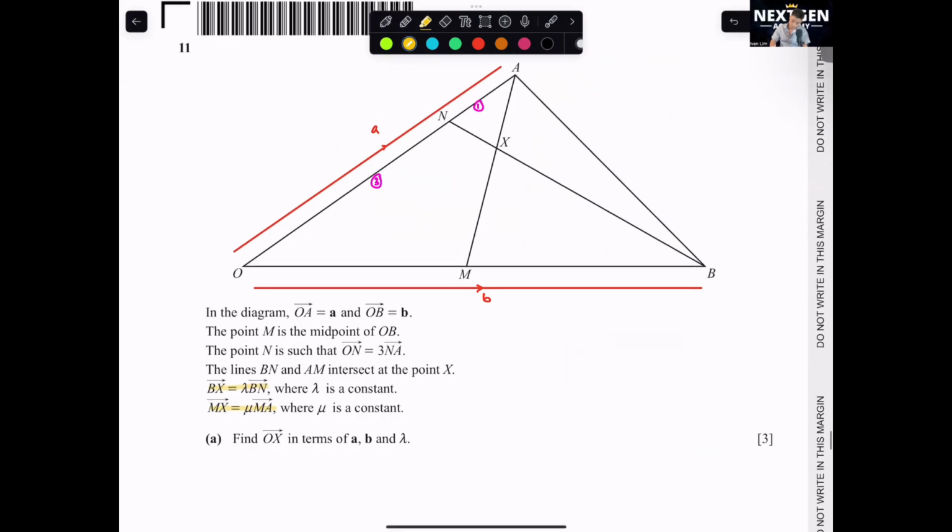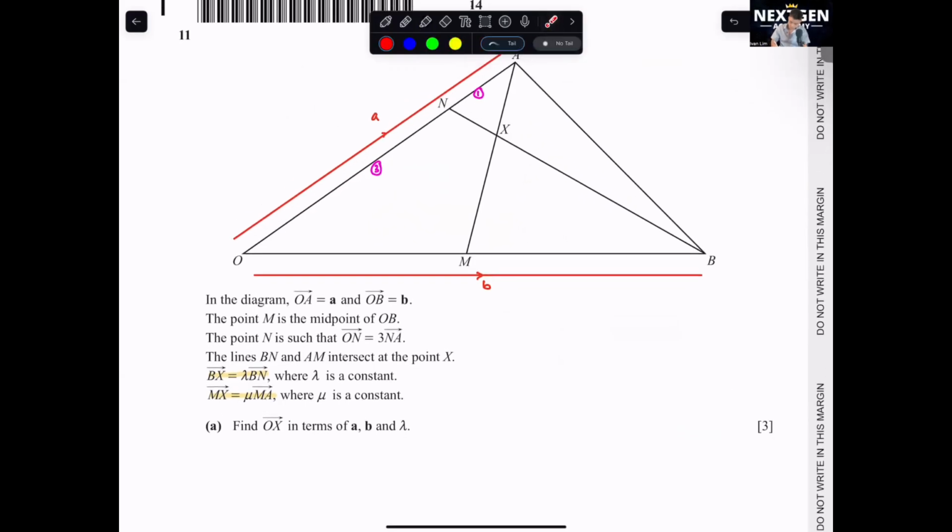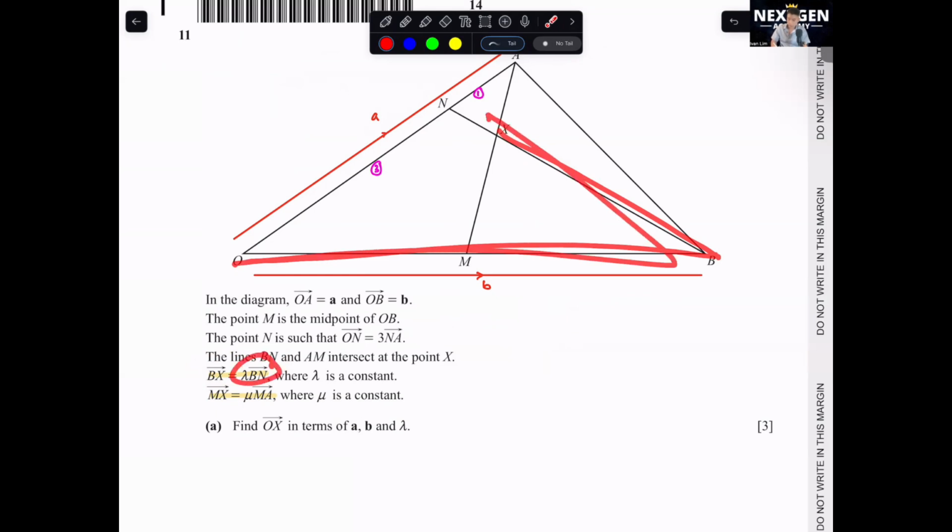Where is OX? We want lambda, sorry, what am I saying? Lambda is from BN. So we need some sort of BX over here. We want OX, so we can take OB plus BX, because we want lambda to be in it.